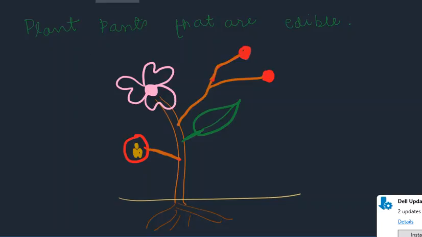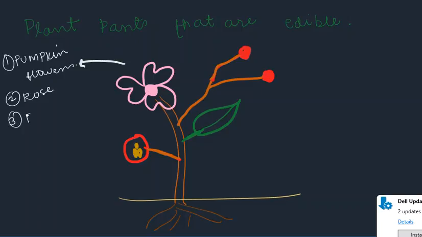Let's see that. First let's see the various flowers which we consume. In flowers, definitely the first one will be pumpkin flowers. Then we also consume rose petals. Then you might be familiar with broccoli.